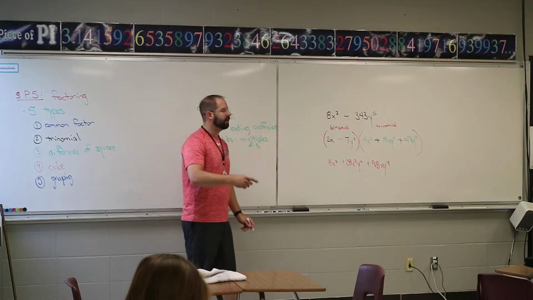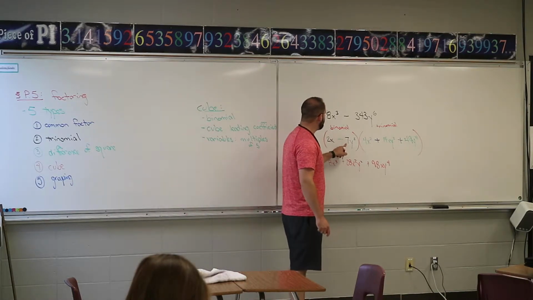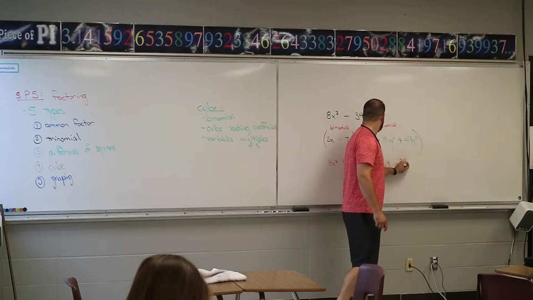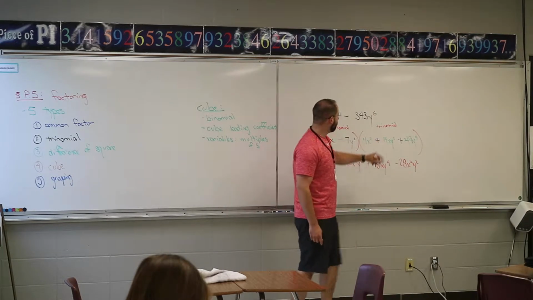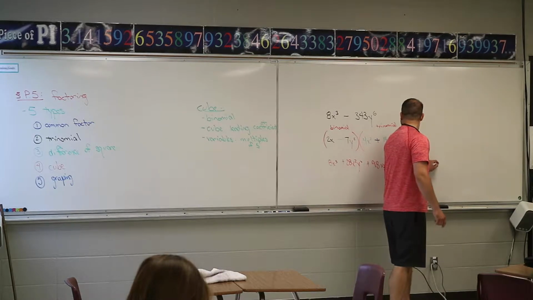So that's taking the first item times everything in the back. Going to the next item. Negative 7 times the 4 is negative 28x squared y squared. Negative 7 times 14 is negative 98xy to the 4th.